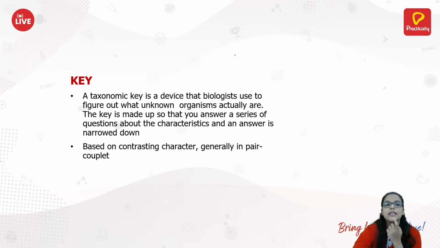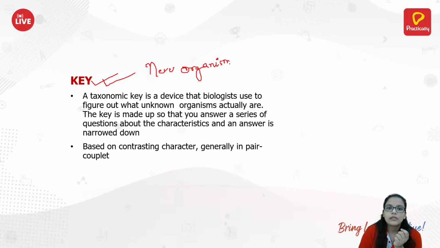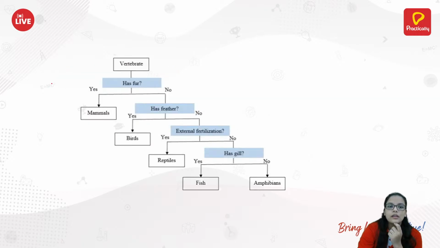That time, a scientist will take out keys, a number of questions. Keys are basically questions, etc., to find out new organisms. So to find out new organisms, at that time, a key is used. This is just an example.